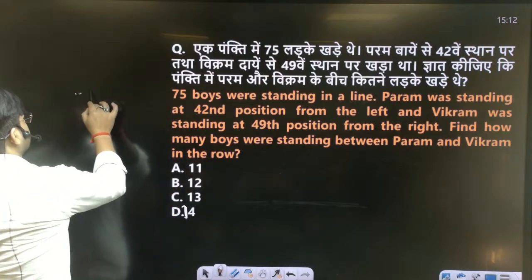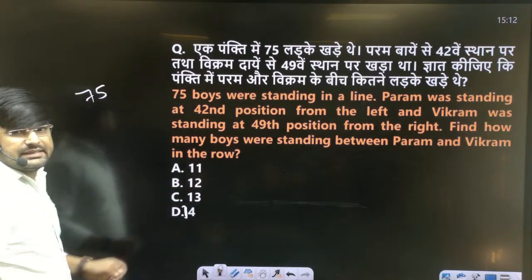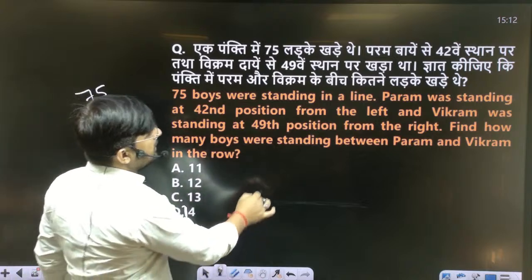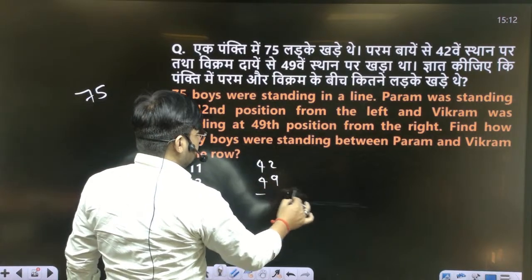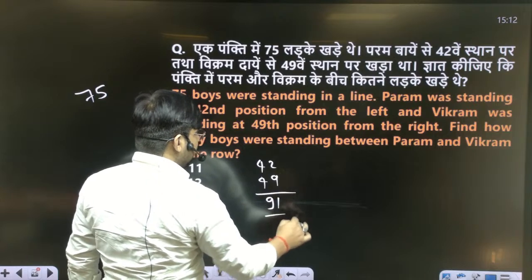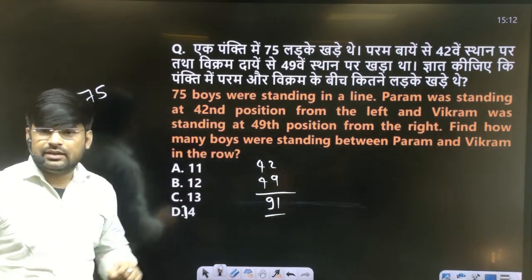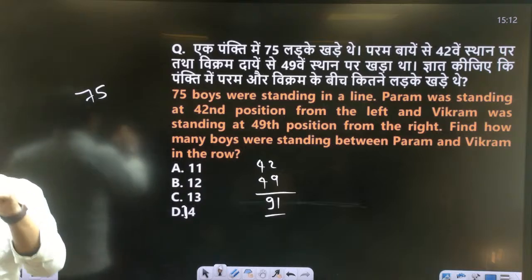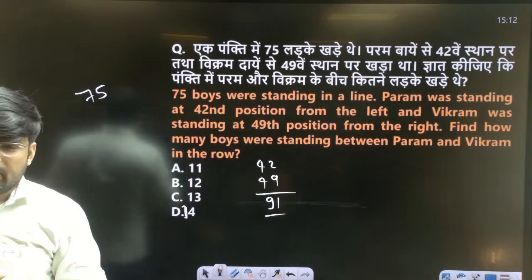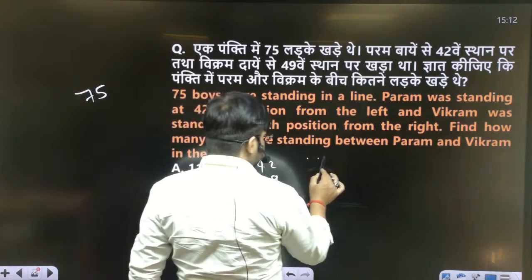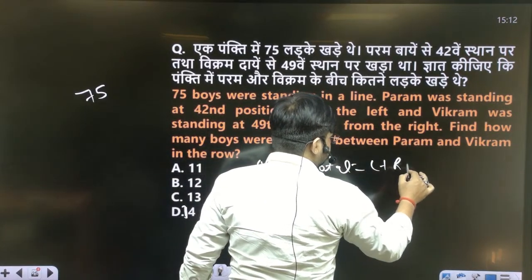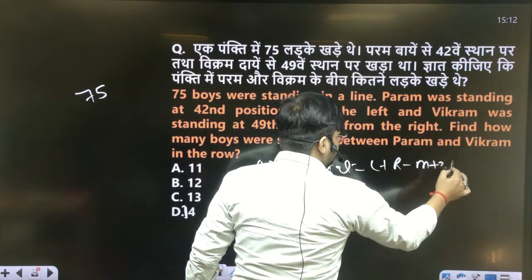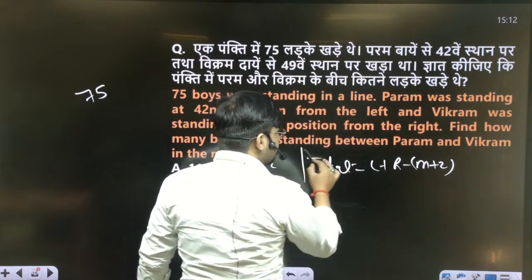There are a total of 75, and if you add left plus right, 42 and 49, it's 91. 91 is more than 75, so it's an overlap condition, minimum condition. So you can use this formula: left plus right minus total plus 2.